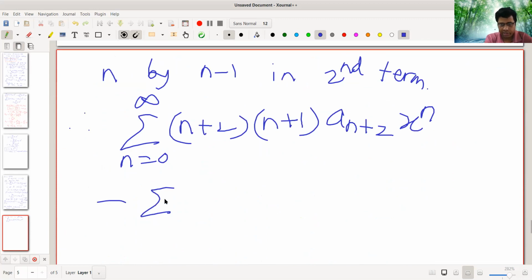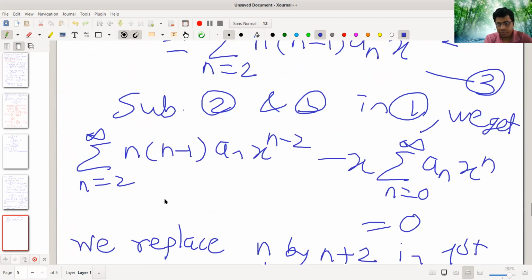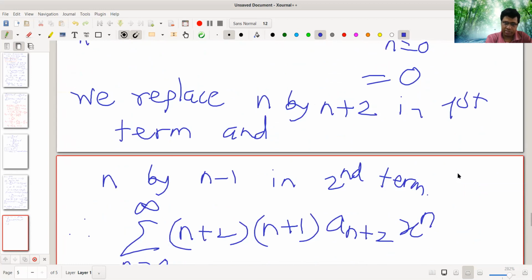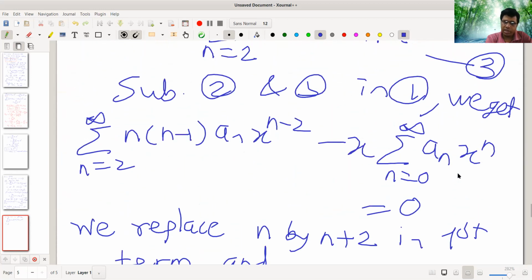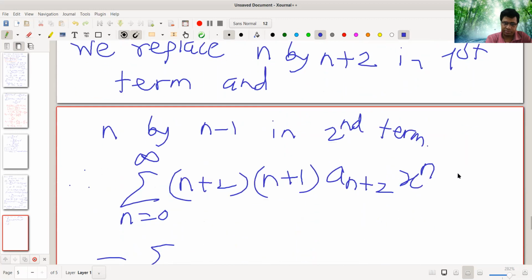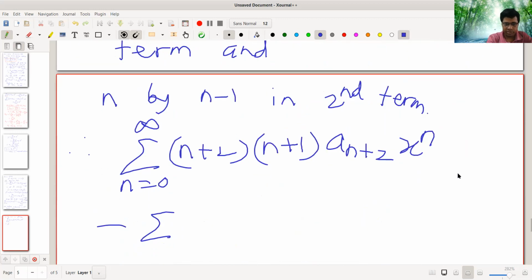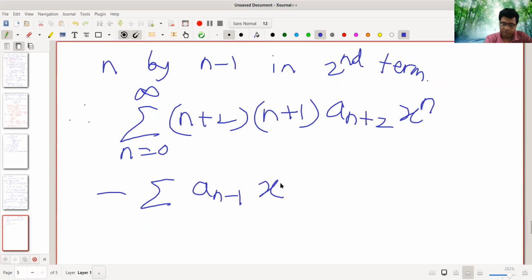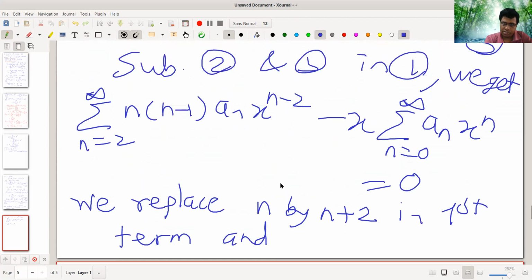Now we take x inside, so that this is summation a_n x raised to n plus 1, and we are replacing n by n minus 1 in the second term, so it is a_(n-1) into x raised to n plus 1.